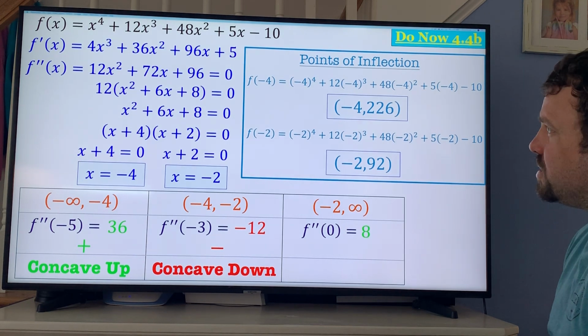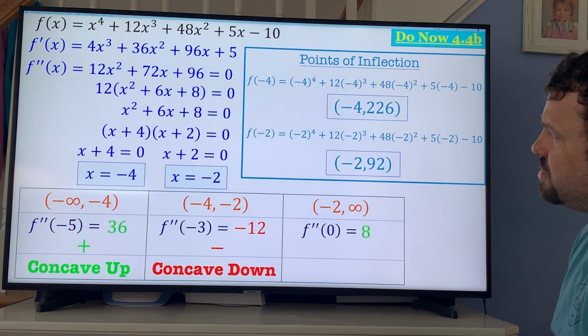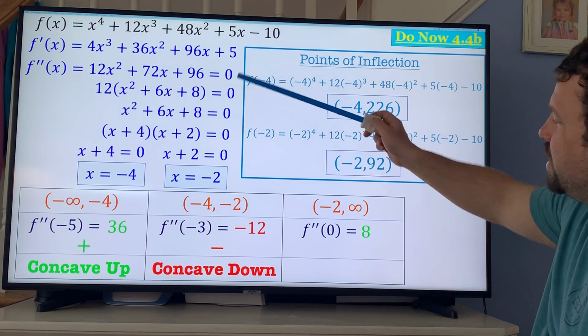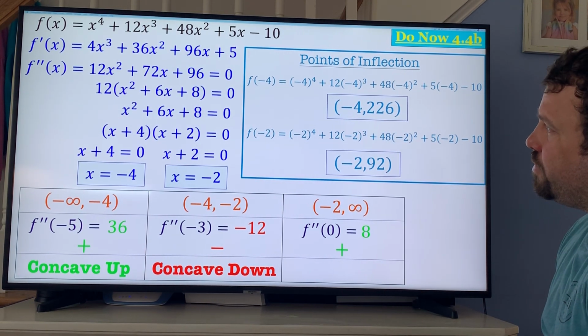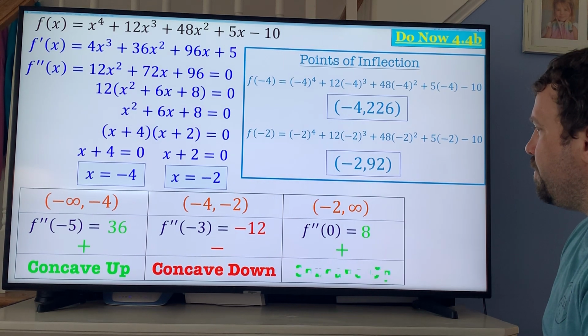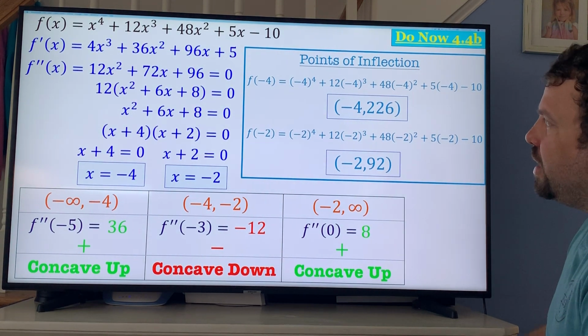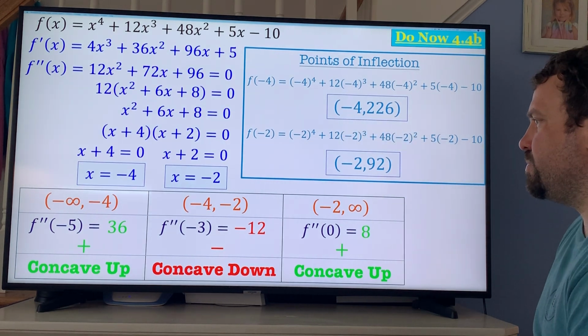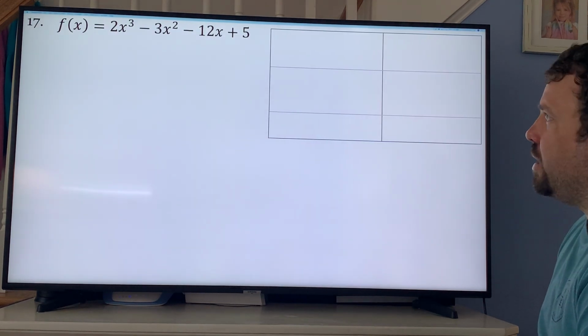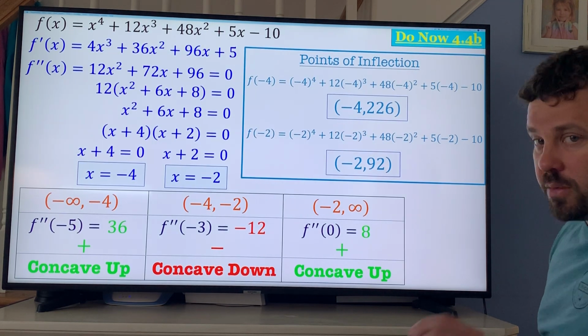You get 8. I plugged everything in here. All right, so as an answer, you get a positive number, concave up. Doesn't matter what you use. Got it?